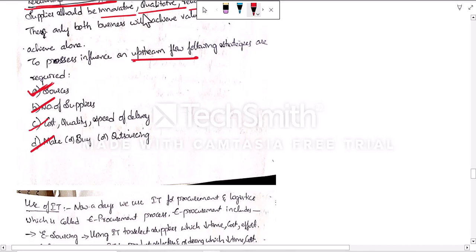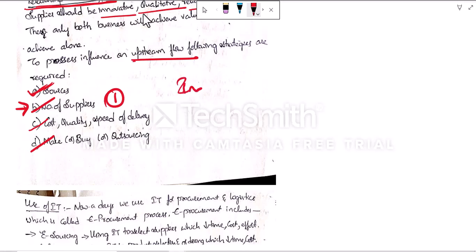Number of suppliers means we should select how many suppliers we want. It is economic and good if we have one supplier, because we can order in bulk and get discounts, and we get qualitative products, and our input quality will be the same, so that our output will also be the same.